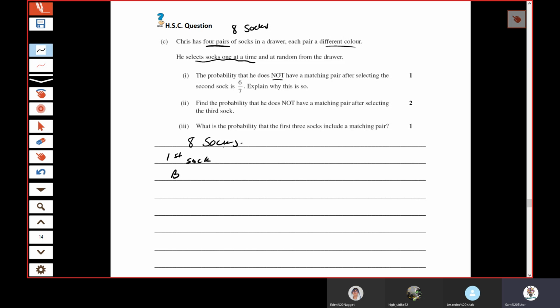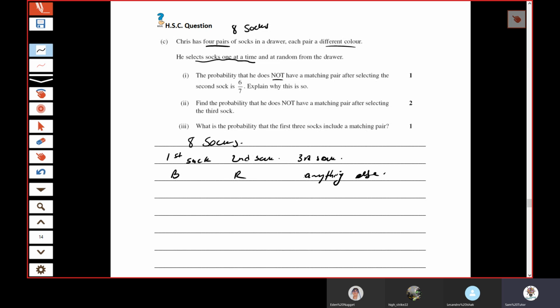That means there are 7 socks left. So the second sock, let's call it red, right? And then the third sock can be anything else. Doesn't matter.